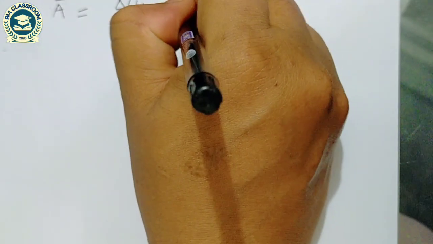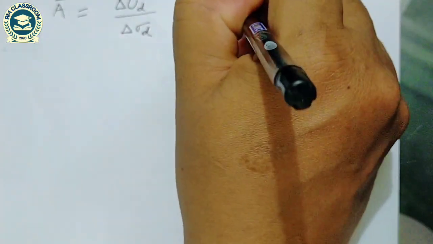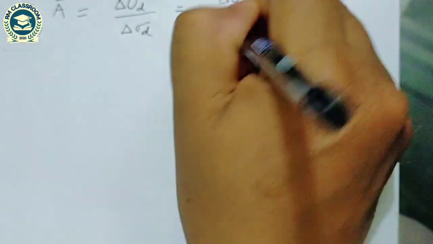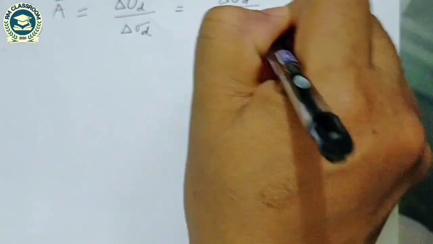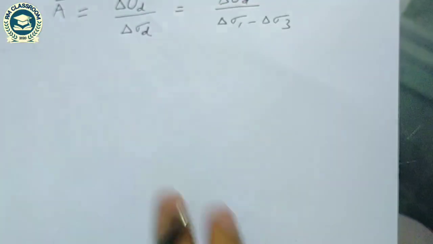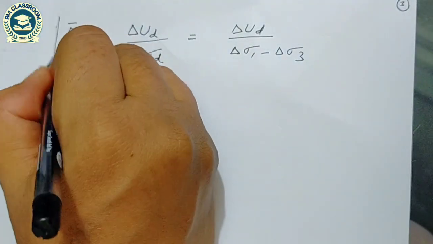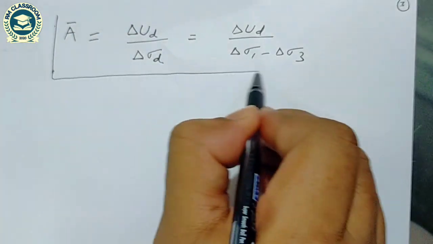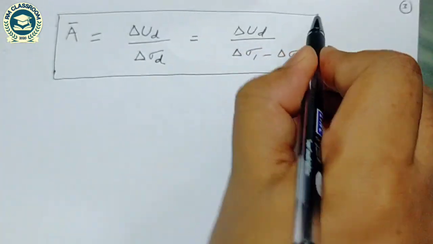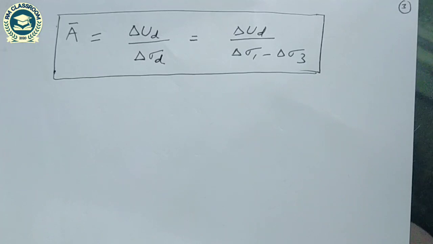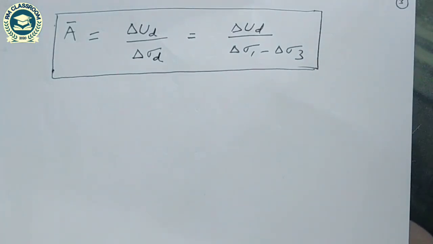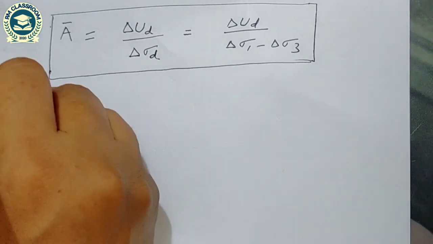It can also be written as delta U_D divided by (delta sigma 1 minus delta sigma 3). So this is the A bar, and the parameter A depends on the strain.